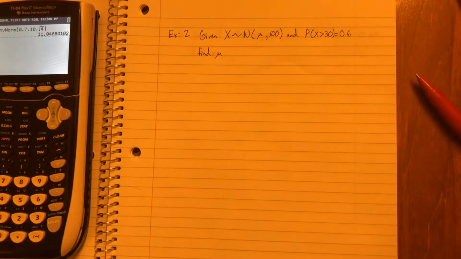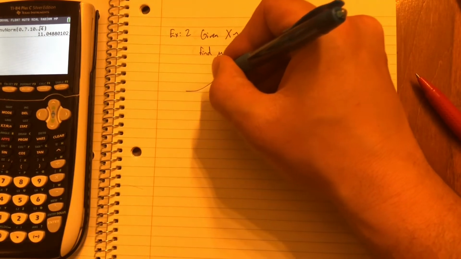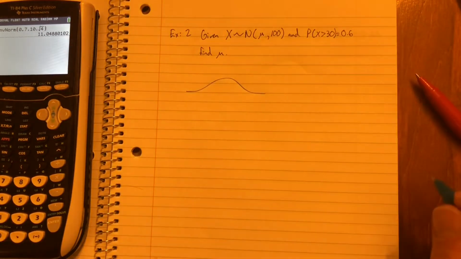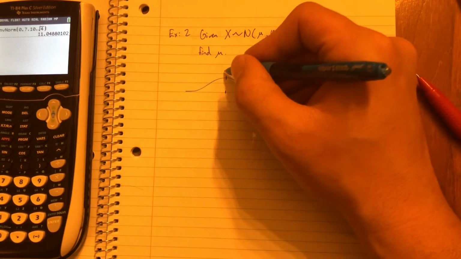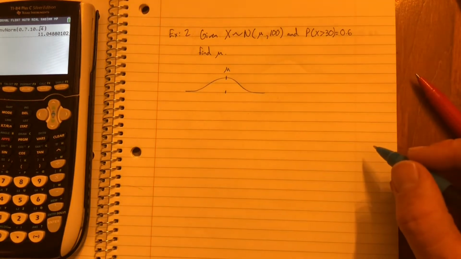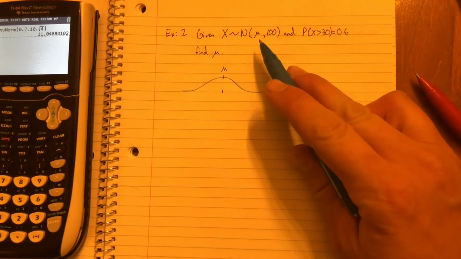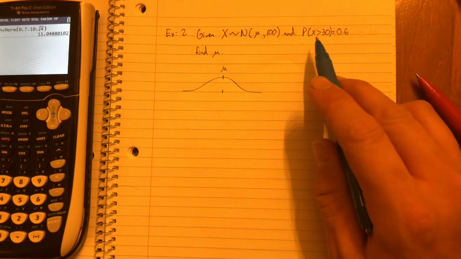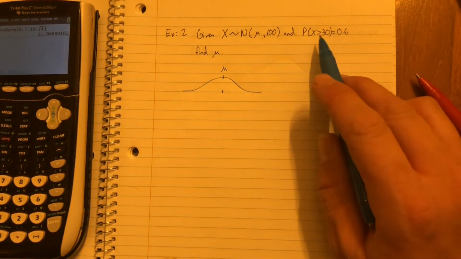Now, I will immediately go ahead and draw a curve. And I'm drawing that curve as my normal distribution. Now I'm going to draw my center, and I'm going to indicate that that's where my mean is. And I don't know my mean, but I do know that there's 0.6 area under the curve above 30.